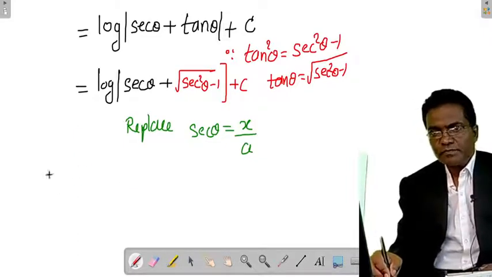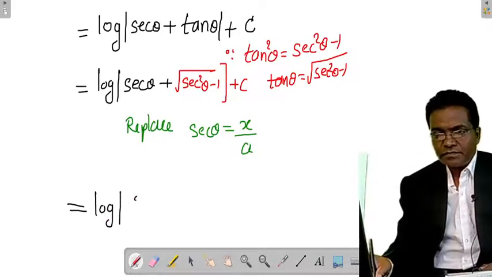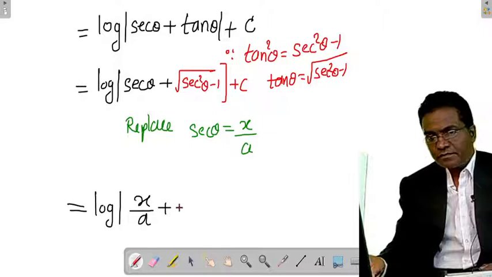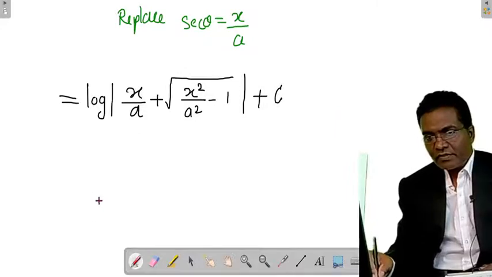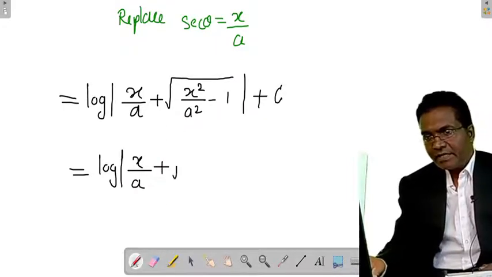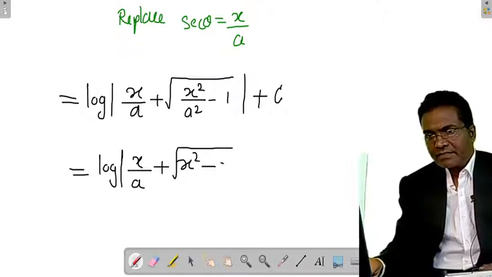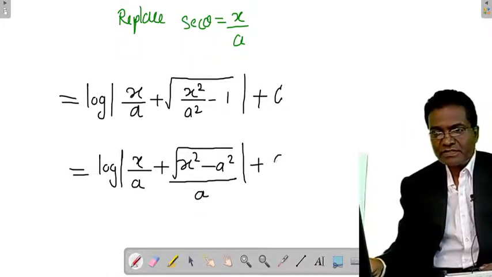So this gives you log of sec means x by a, plus square root of sec square means x square by a square minus 1, plus c, which is equal to log of x by a plus, take LCM here, square root of x square minus a square whole divided by a, I write, okay, outside the root it will be a, plus c.